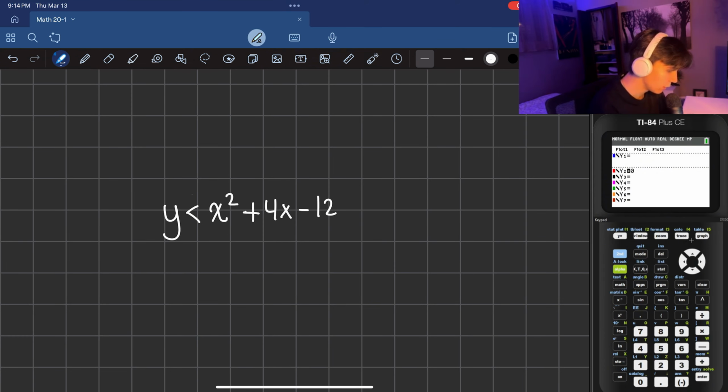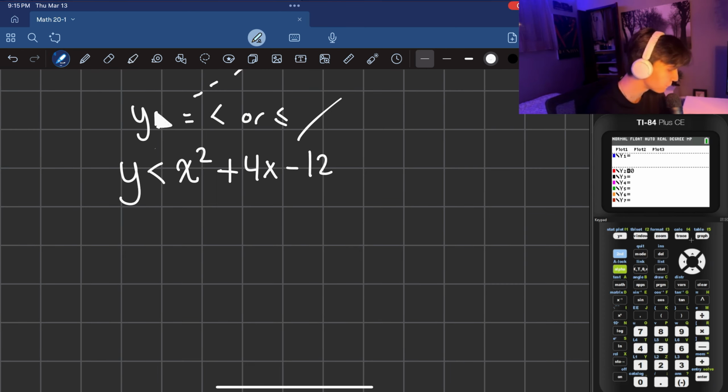The way we graph a less than symbol is we use this bottom triangle here. You can remember this as less than being below the line. So the little triangle shaded in the bottom is equal to y less than or less than or equal to, depending on what you're looking for. Just remember the dotted line and the straight line differentiate these.